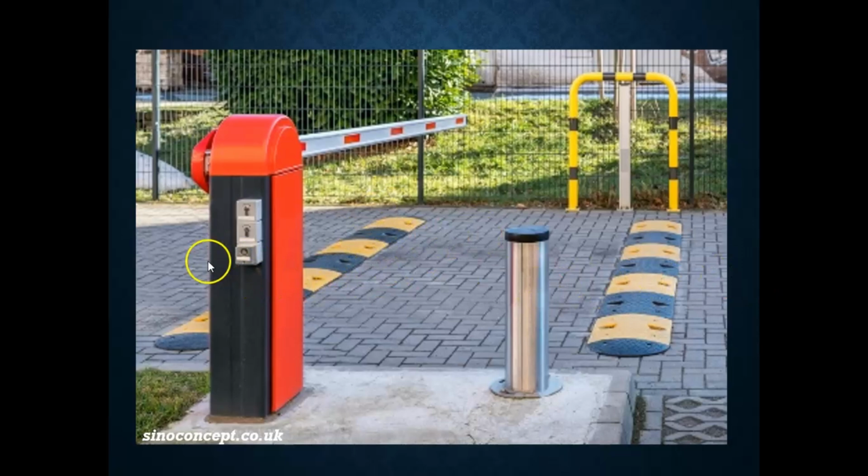From this picture, it helps drivers to slow down at the point of entry, either into a building or into an underground parking lot in any establishment. So it helps them to slow down before going into the parking lot. This is just another example, a picture of what it looks like.